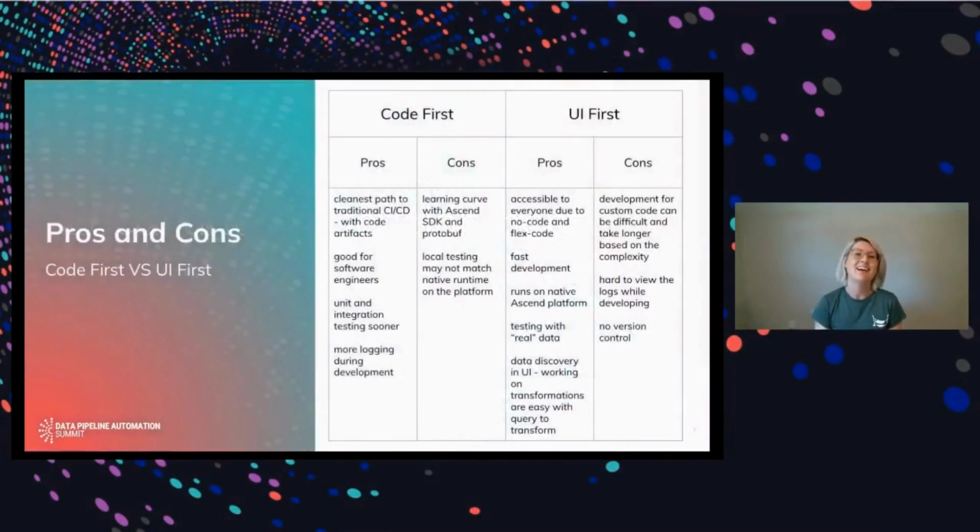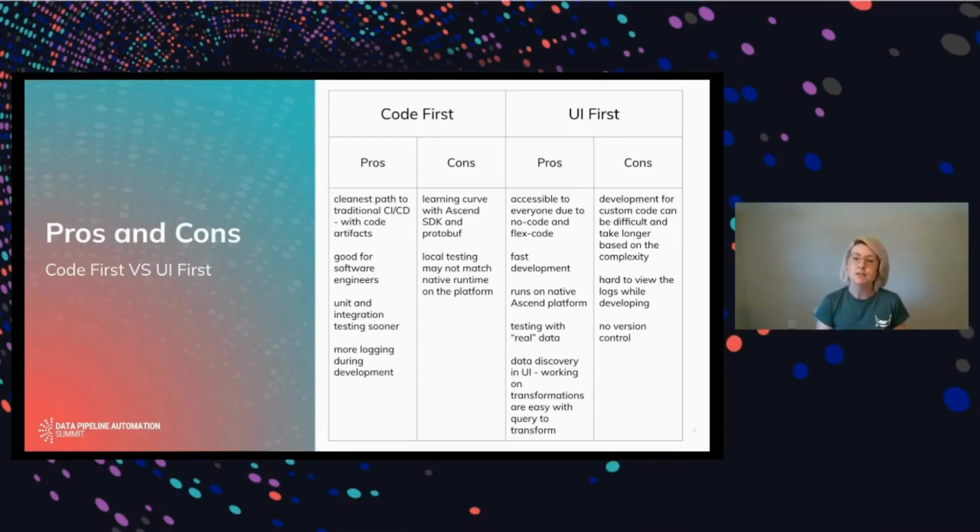Before I start there, I want to go over some pros and cons of using code first versus UI first. With code first, the pros are that it's the cleanest path to a traditional CI/CD process. It's great for software engineers that are used to working in the code all the time. You can do unit and integration tests sooner.